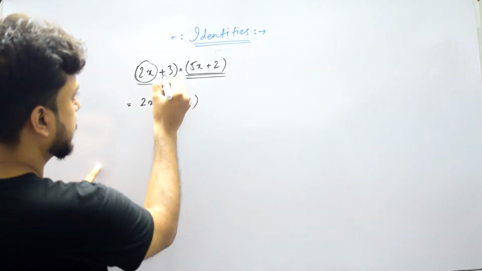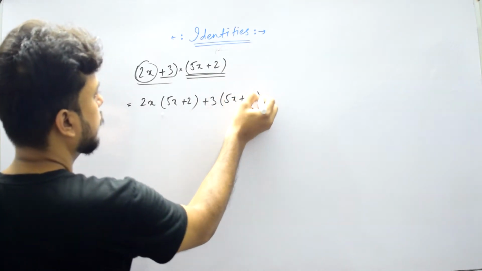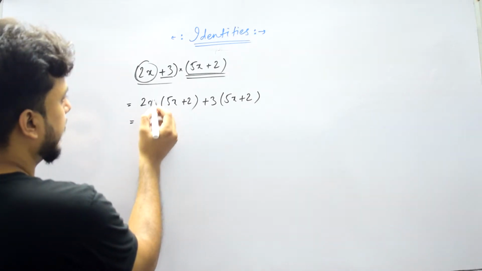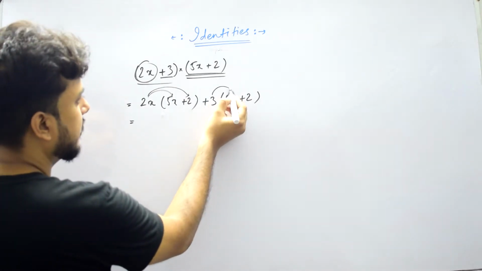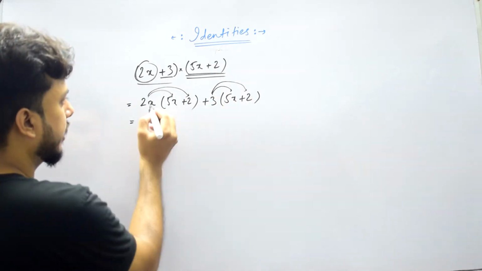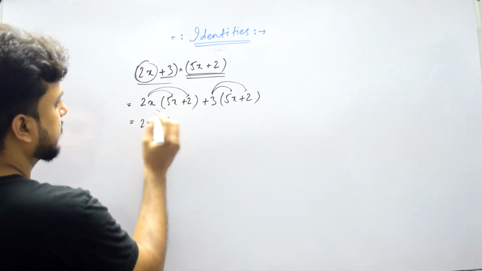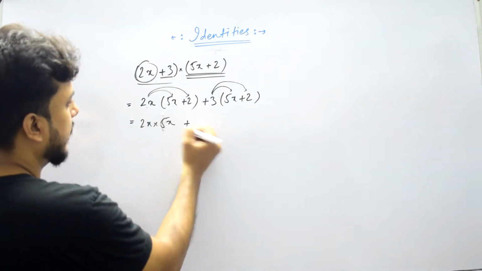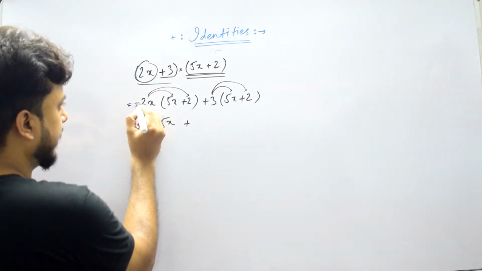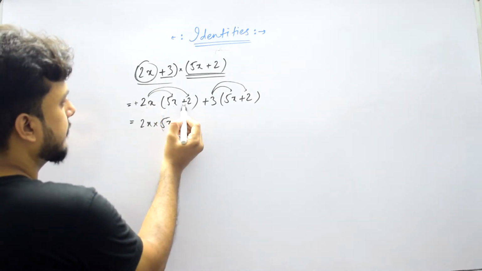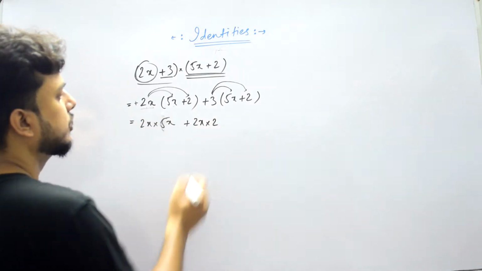Then we write plus 3, and multiply with 5x + 2. So 2x multiplies both 5x and 2, and 3 multiplies both 5x and 2. We have to be very careful about the sign also. In front of this 2x there is plus, and plus multiplied by plus is plus.